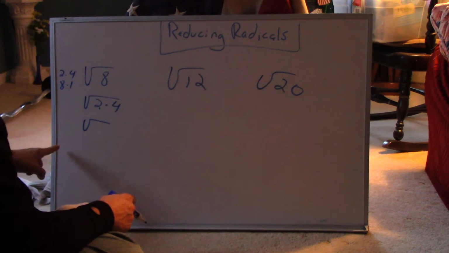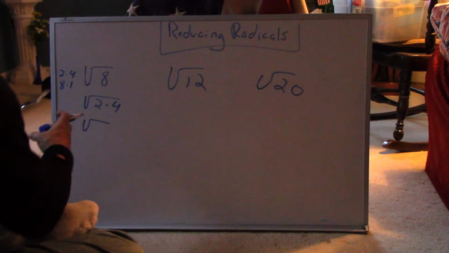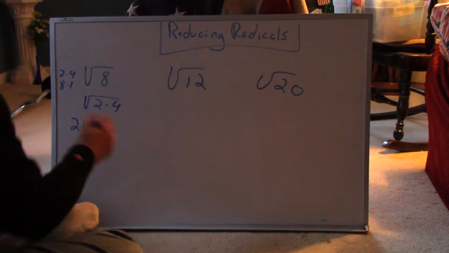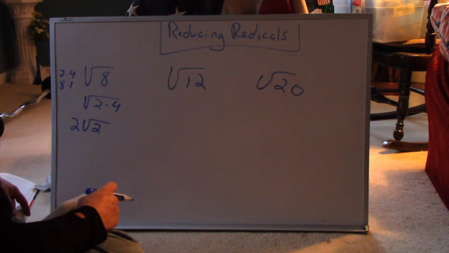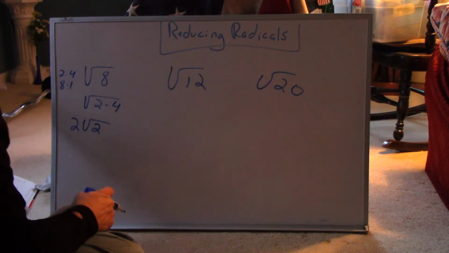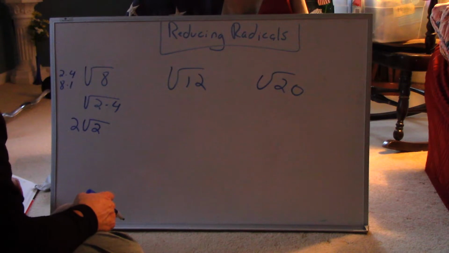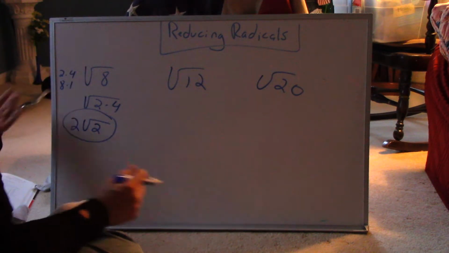Now it comes out of the radical sign. When you solve the square root, it comes out of the radical sign. And now it goes out here and it's a 2. And what's left? A 2, because you can't find the square root of a 2. You can, it's just not going to be even. It's going to be a decimal and probably a non-terminating decimal. And that's just a mess. So it's better to just leave it like this. Okay? 2 radical 2. That's my answer. So radical 8 can be reduced to 2 radical 2.